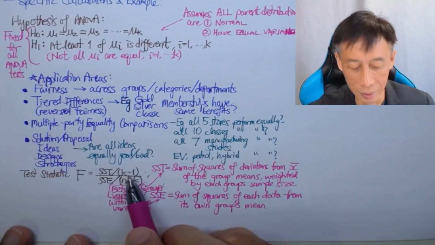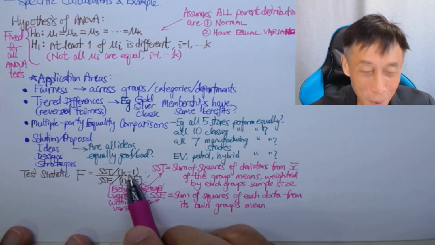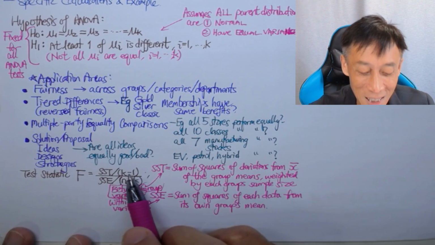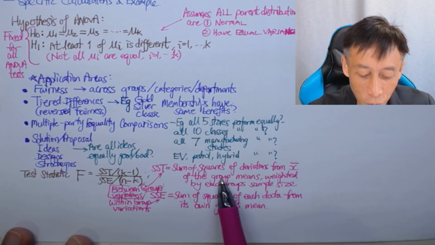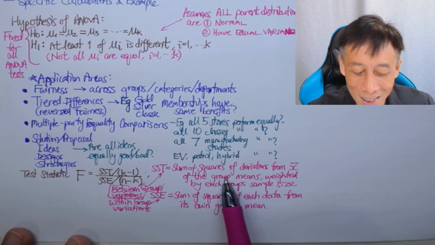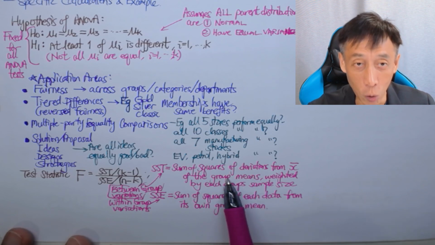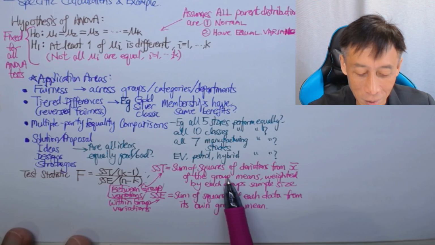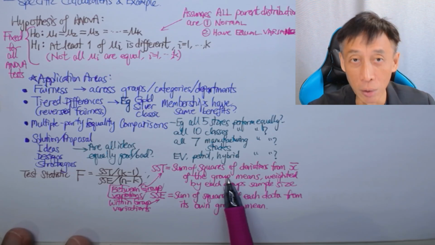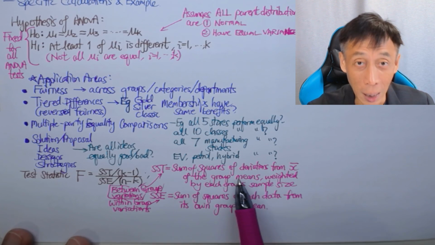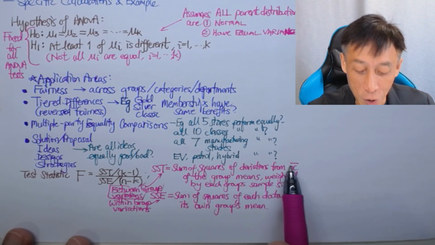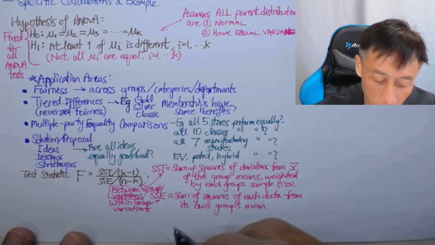Then we divide by the simulated sample size, right? Because here the SST deals with the group means as a number. So if your first group has 100 numbers, it's summarized into x1 bar, just one number, right? So each group has one number. That number's deviation from overall x bar, right?